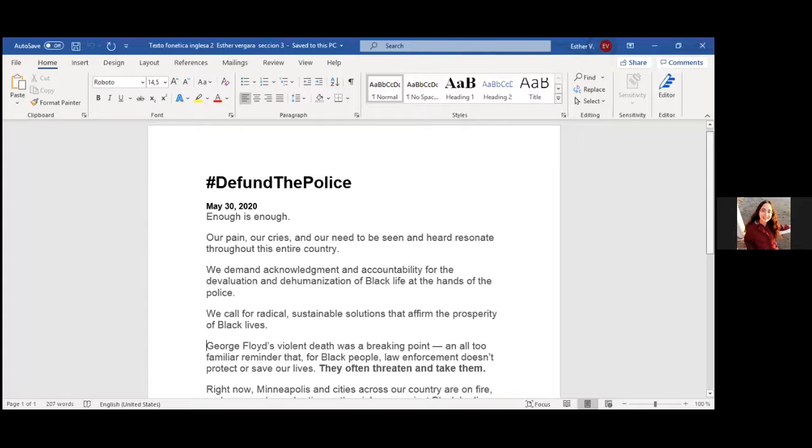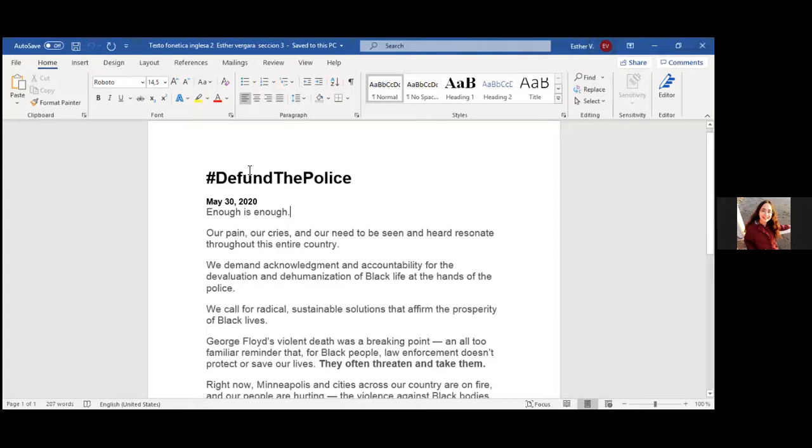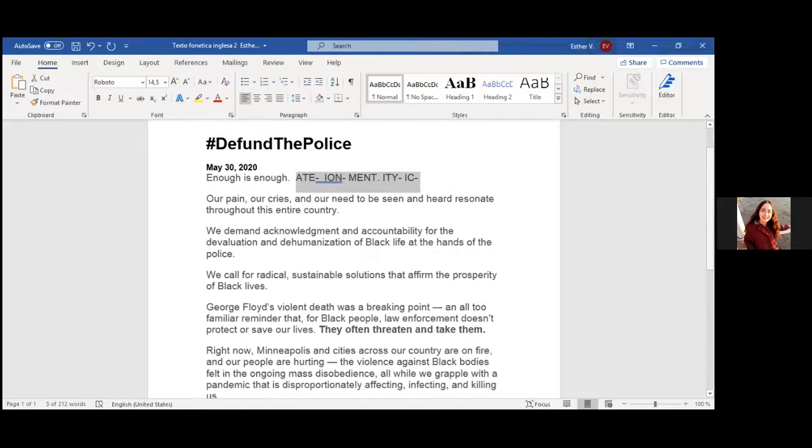So we're going to work with the next suffixes. With this suffix, and we're going to start with this paragraph.